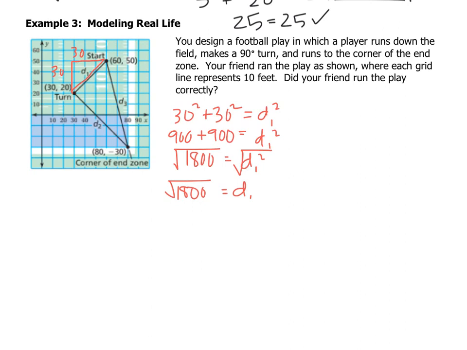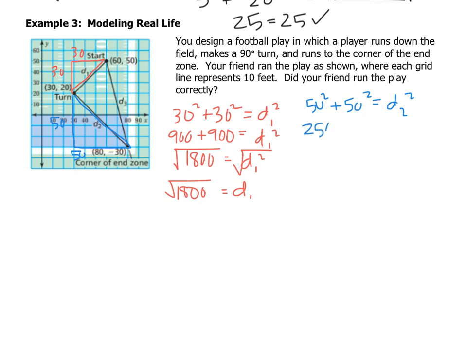Now I'm going to change colors just so you can see the difference. I'm going to do D2. So here's the triangle for D2. So the bottom is 50, and that's also 50. So for D2, it's going to be 50 squared plus 50 squared equals D2 squared.